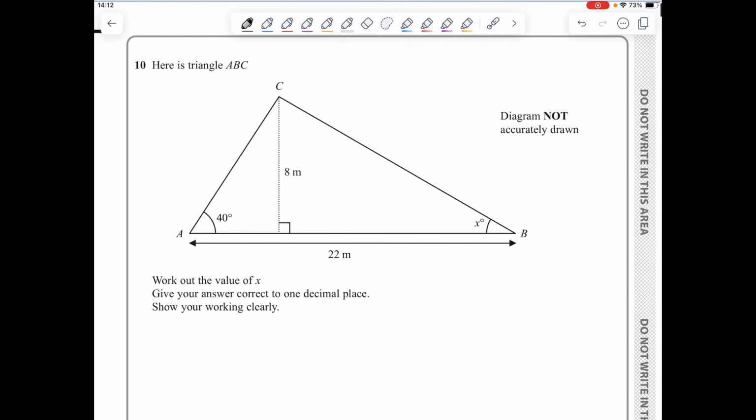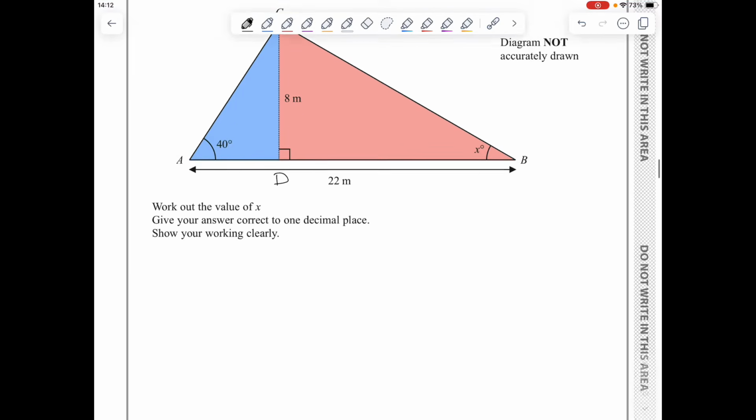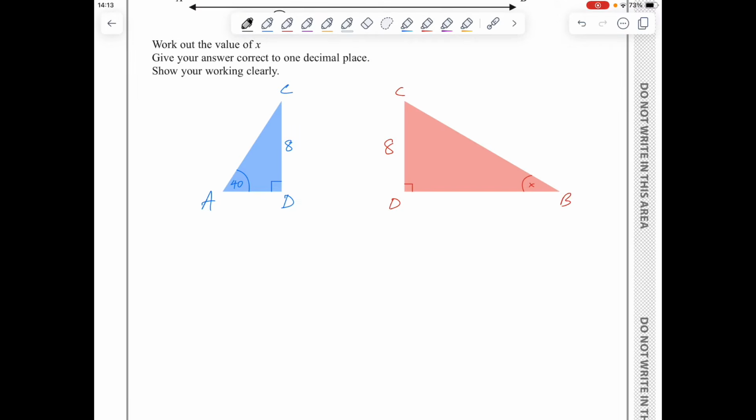For question 10, I'm going to split this triangle into 2 smaller ones. Let's label this point where the right angle is as point D. And now let's extract those 2 triangles below. I'll start working with the blue one and find the side AD.